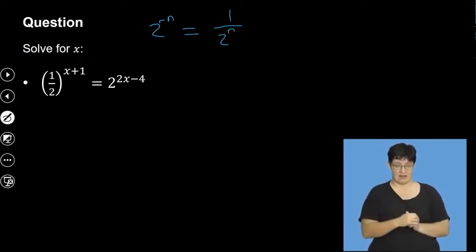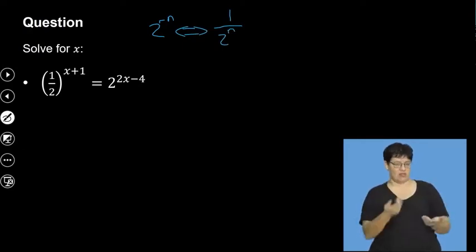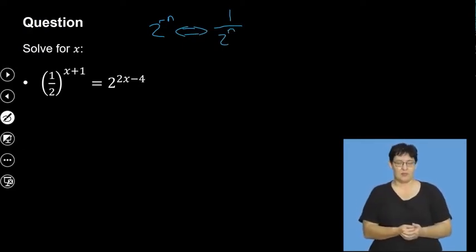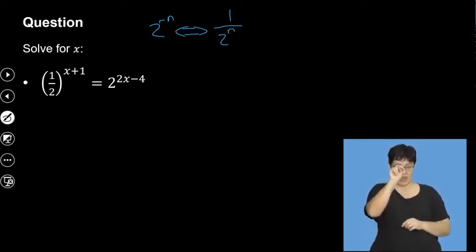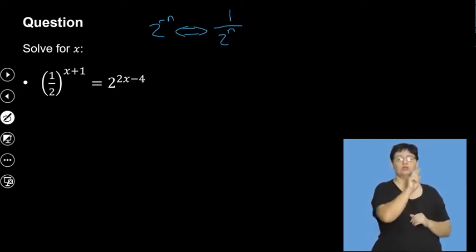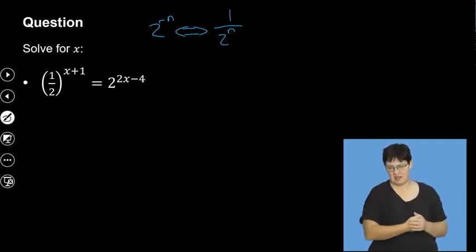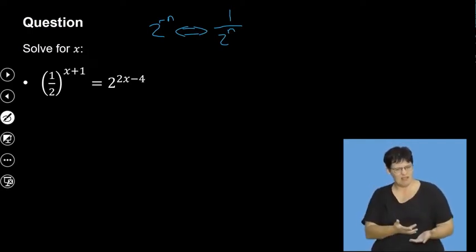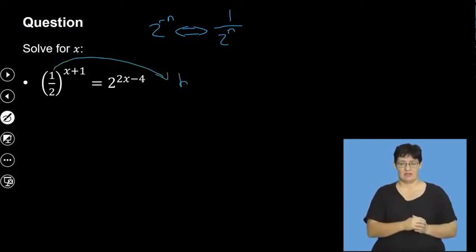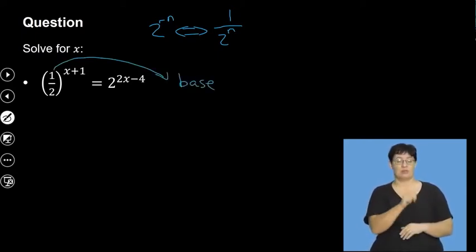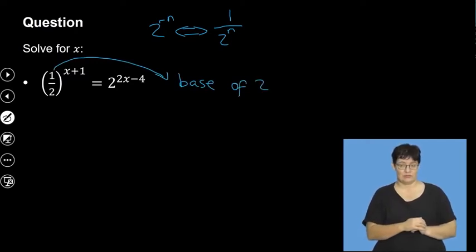So meaning, this is a reversible equation, if we may call it like that. So it means I can then rewrite 1 over 2 to the exponent of n as 2 to the exponent of negative n. Why am I bringing this to your attention? Because we then need to make this part here to have a base of 2, right? We need to make this to have a base of 2.